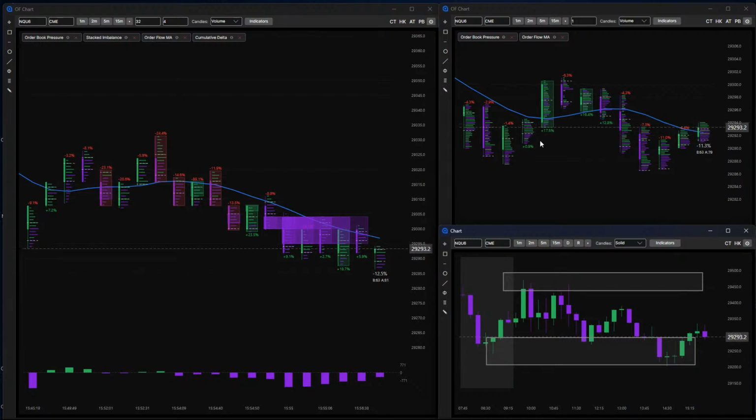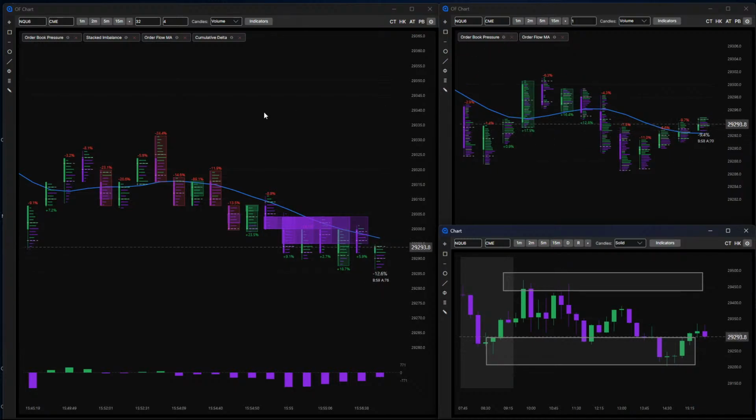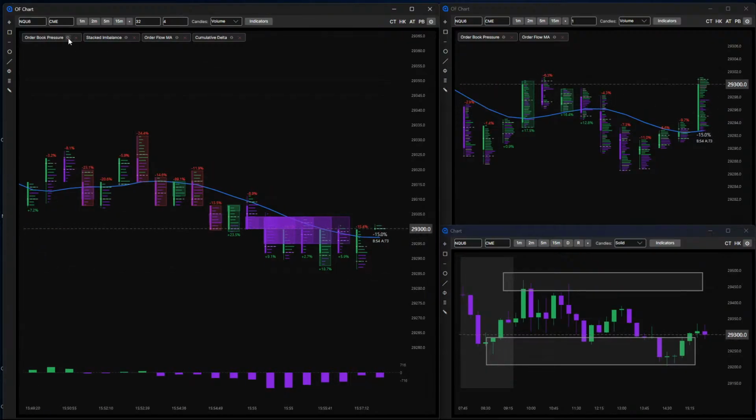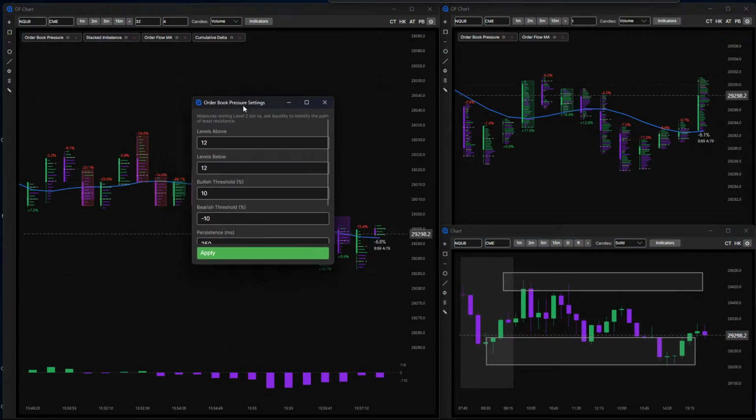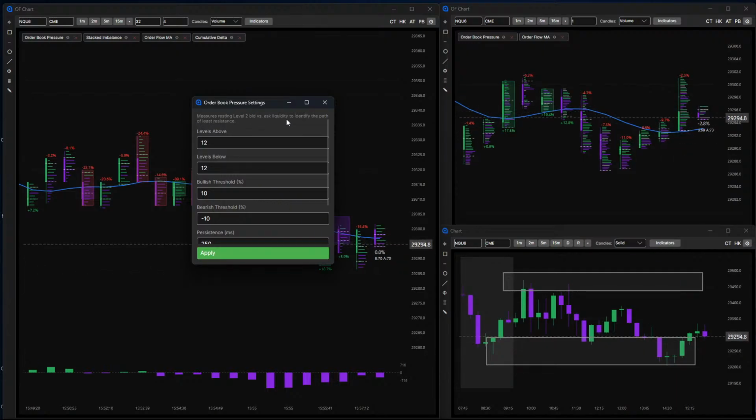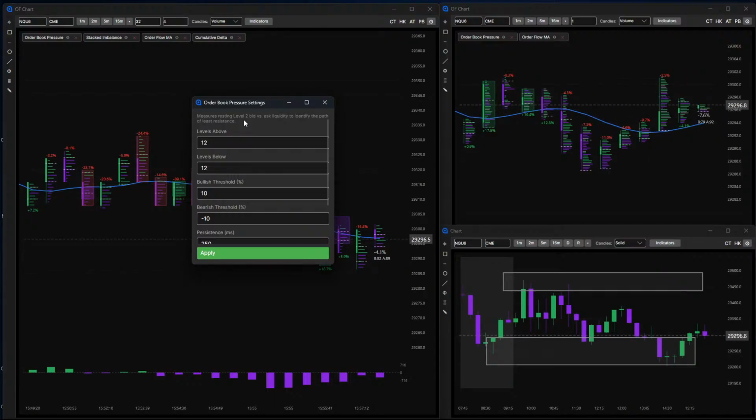So order book pressure, this is what it is. Order book pressure settings. Measures resting level 2 bid versus ask liquidity to identify the path of least resistance. That's what I'm trying to do, is identify the path of least resistance.